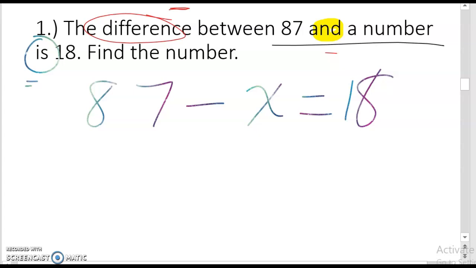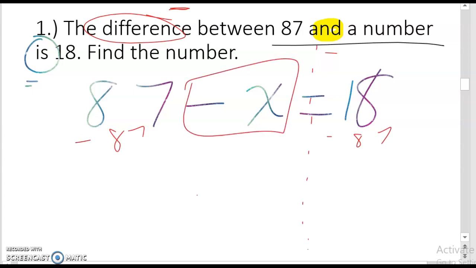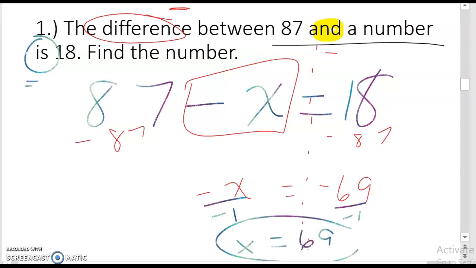I can do anything as long as I do it to both sides of the equal sign. So I'm going to subtract 87, and I have left negative x equals 18 minus 87, which is negative 69. Since these are both negative, I can divide by negative 1, and I end up with x equals 69. So the number is 69.